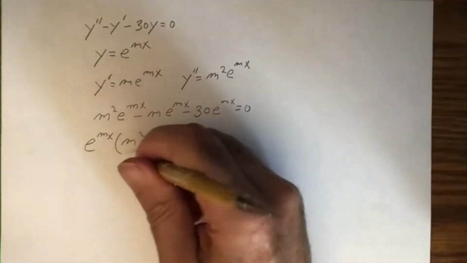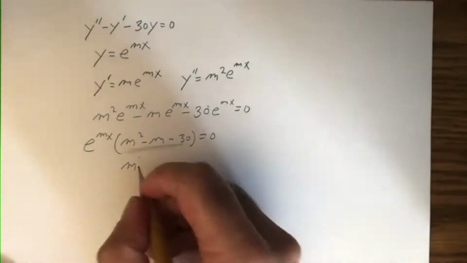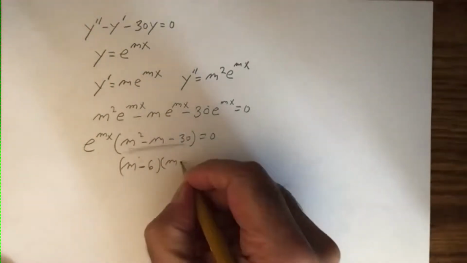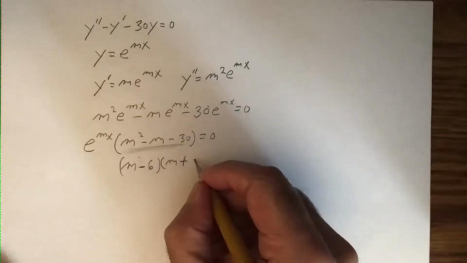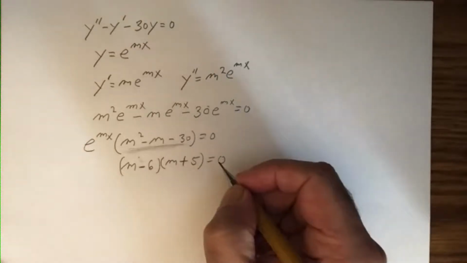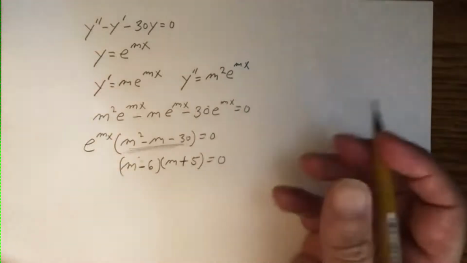I can factor this into m minus 6, and let's see, it'll be m plus 5. All right, m minus 6 and m plus 5.